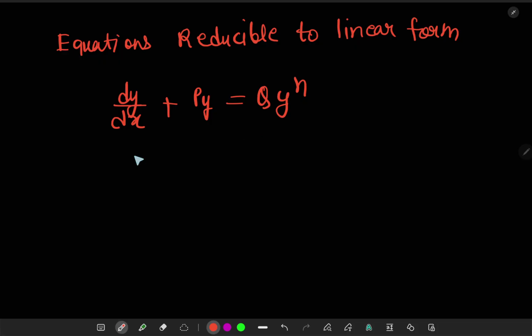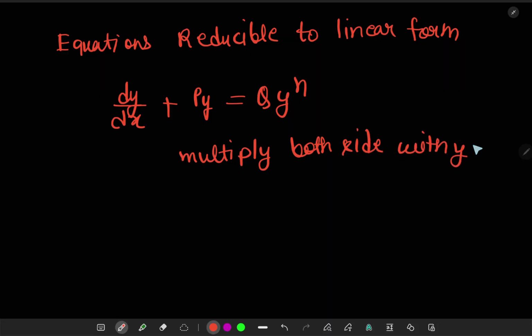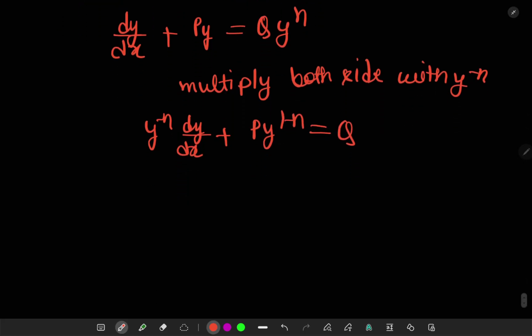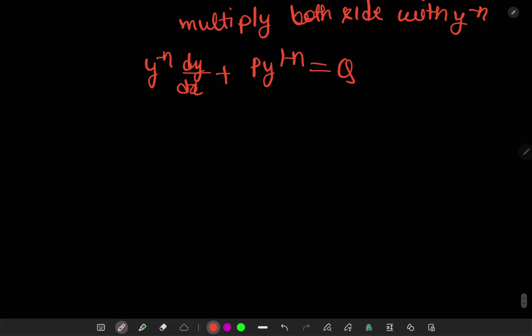So multiply both sides with y raised to power minus n.